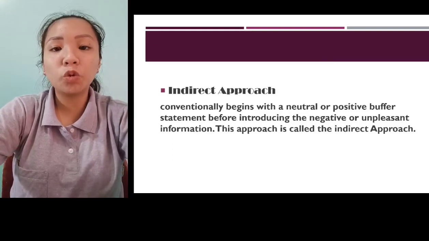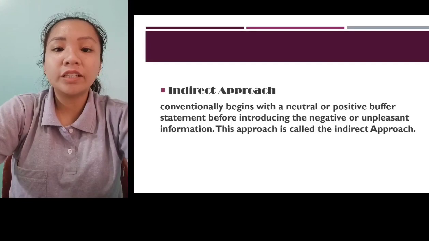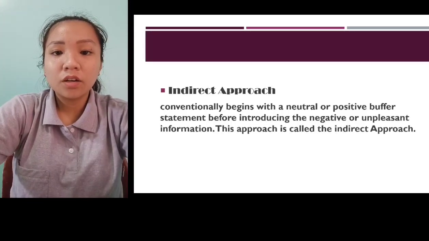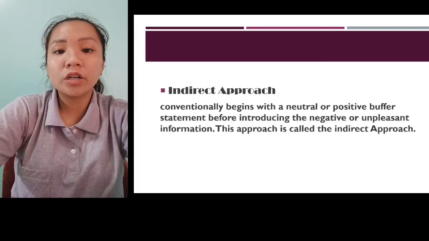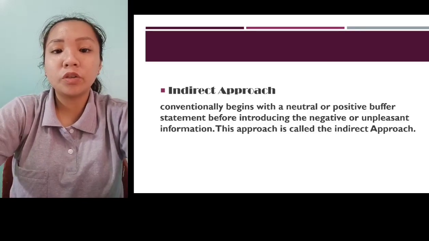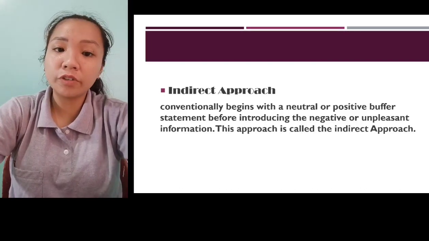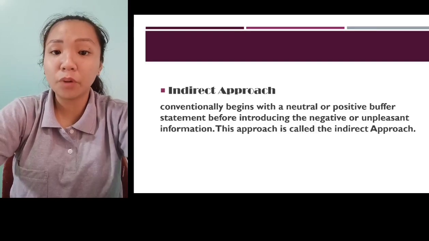So let's start with the indirect. When the bad news may have a significant impact on the recipient or you don't know them very well, you may prefer to use the indirect approach. The indirect approach for delivering bad news has 5 main parts.